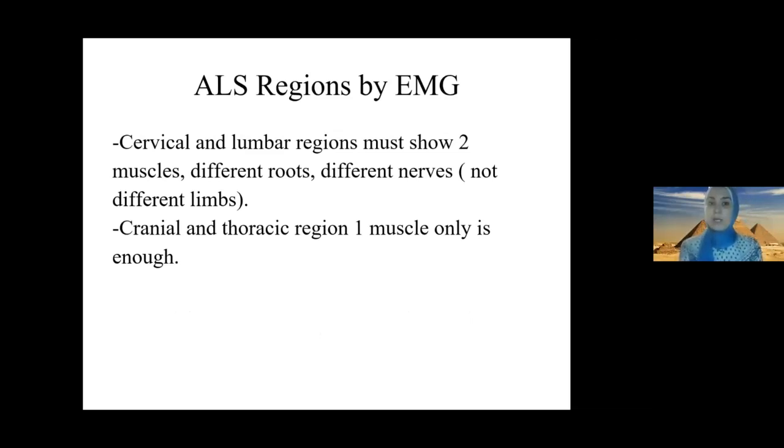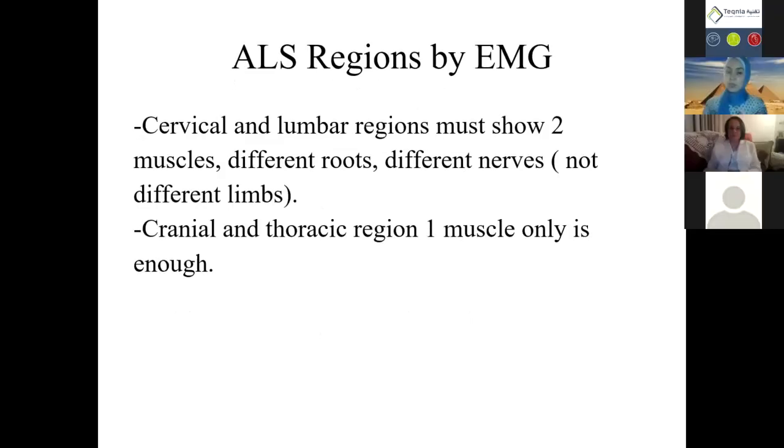First, for the cervical and the lumbar regions, I must find the active and chronic denervation in at least 2 muscles, supplied by 2 different routes and 2 different nerves, okay? They can be in 1 limb. So for example, I can take the FDI on the right hand and the biceps on the left hand.